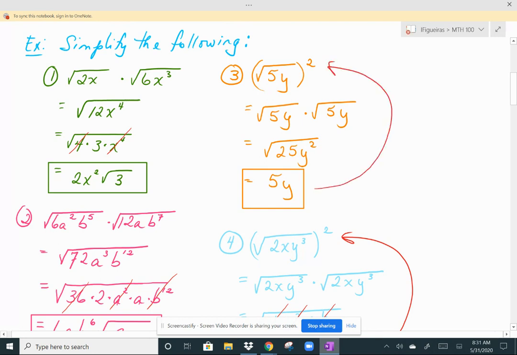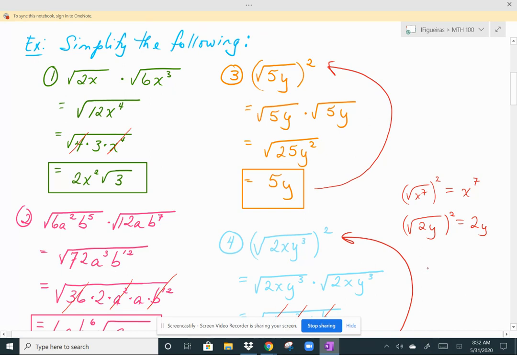So that will always occur when you're squaring a square root. So if I said the square root of x to the seventh squared, well, that's just x to the seventh. If I asked you to simplify the square root of 2y squared, that's just 2y.